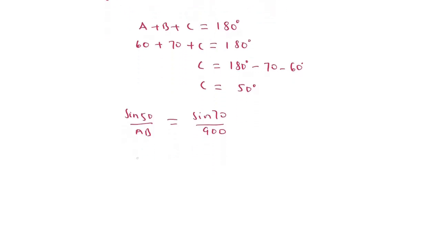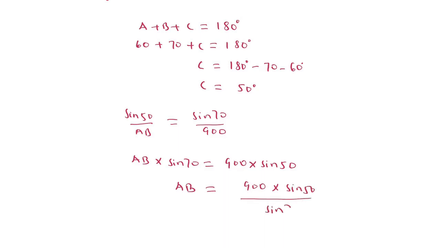Then our equation is going to be AB times sine 70 equals 900 times sine 50. Next we are going to divide by sine 70 both sides. Then our equation is going to be AB equals 900 times sine 50 over sine 70.